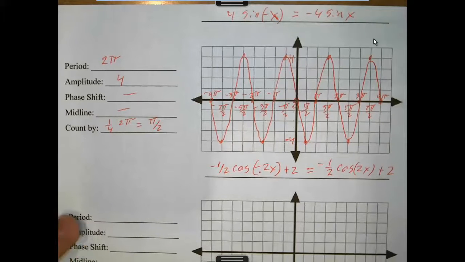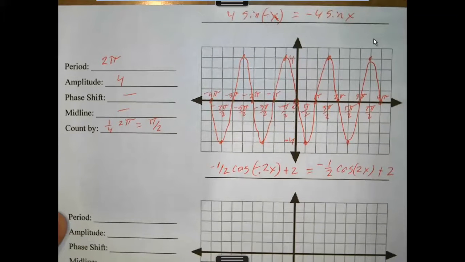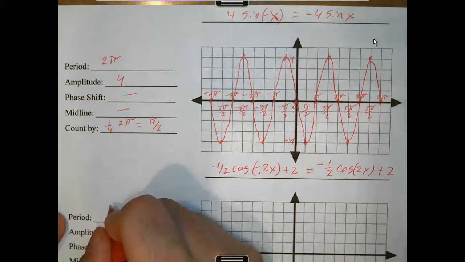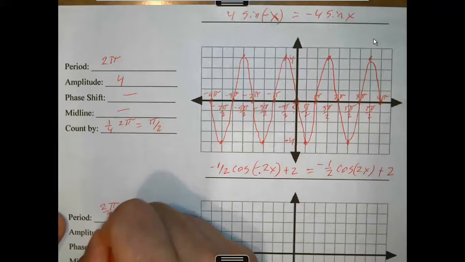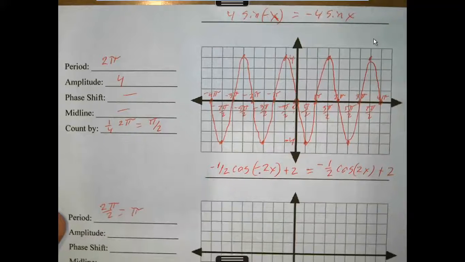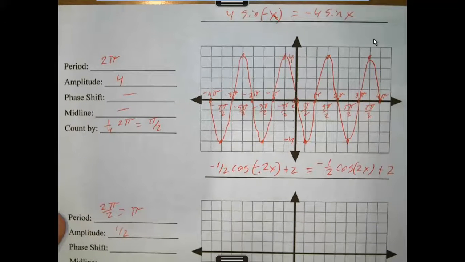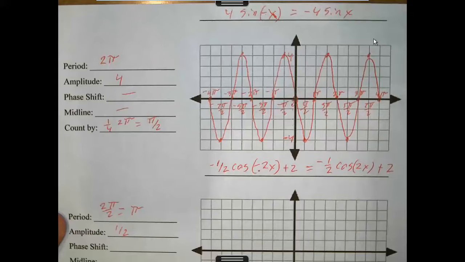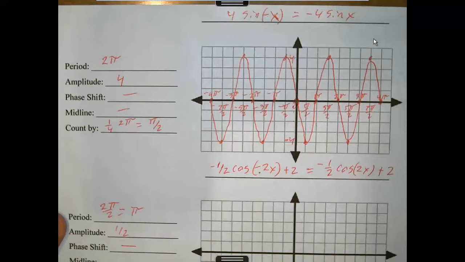So now let's go ahead and do my period. My period is 2 pi over b, so it's going to be 2 pi over 2, which is just going to be pi. My amplitude is 1/2. My phase shift, I haven't shown you phase shift yet, but I do have a midline shift.